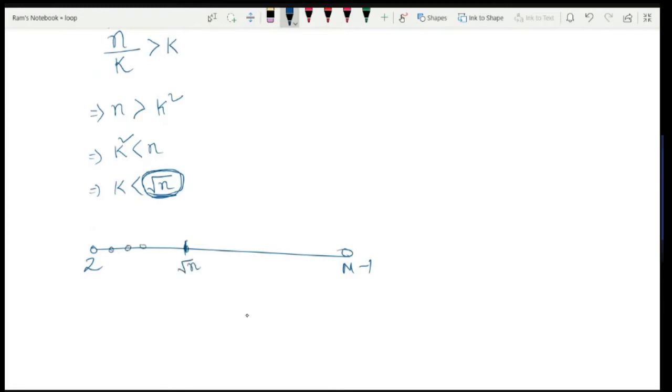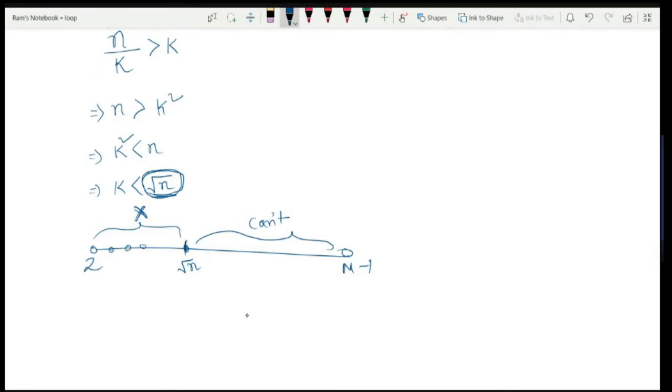We checked up to this point and there exists no solution within this range. Okay, if there exists no solution within the range of 2 to square root of n, then there cannot be any solution within the range of square root of n to n minus 1.